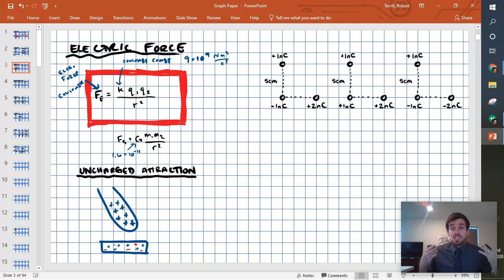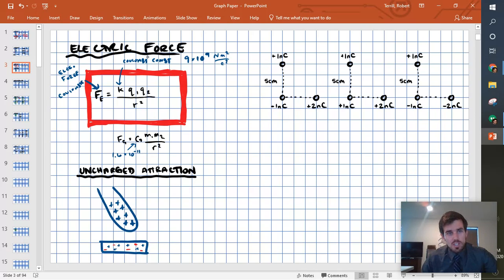If we tried to jam a ton of positive objects together and create a positive planet with a negative moon going around it, that positive planet would immediately explode because all of those positive charges would be pushing against each other. That's actually why nuclear reactions happen: once you add too many positive protons into the nucleus, they go, I'm out, you guys are lame, and then it explodes. Okay, so Coulomb's constant, 9 times 10 to the ninth.